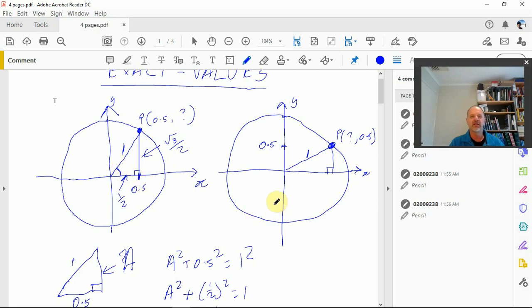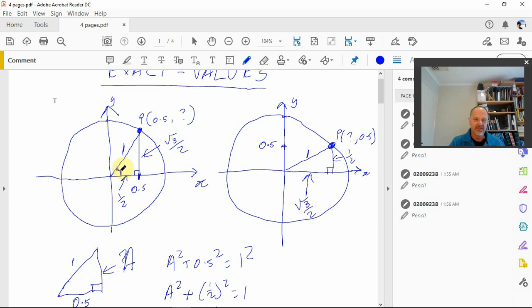Now, this angle here, so this triangle and this triangle, hopefully you'll be able to tell me, because this is a half here, that they're the same triangle. They're just at different orientations. So that means that this length here would be the root 3 over 2.